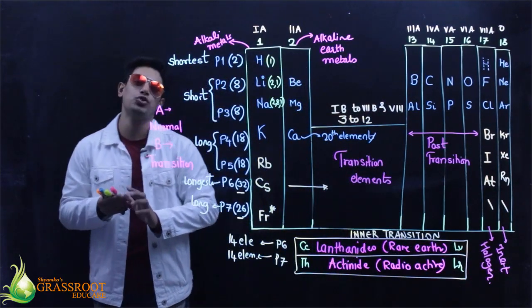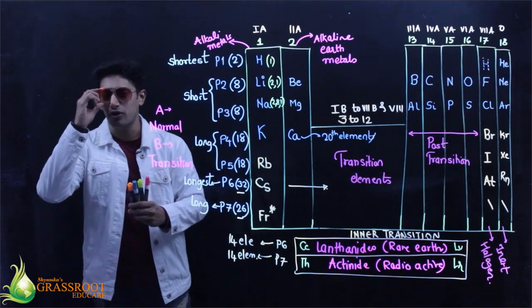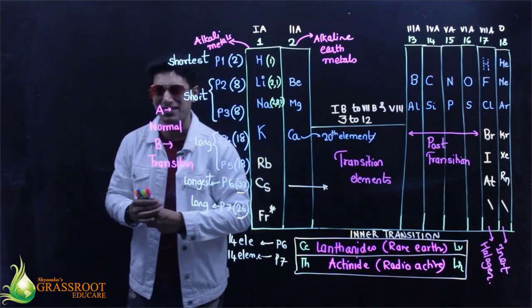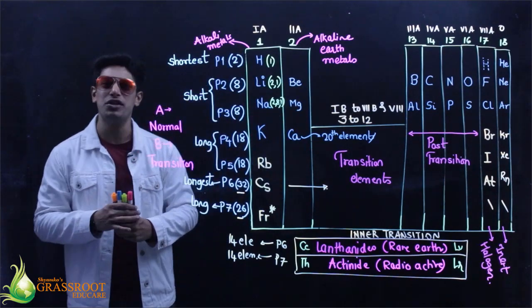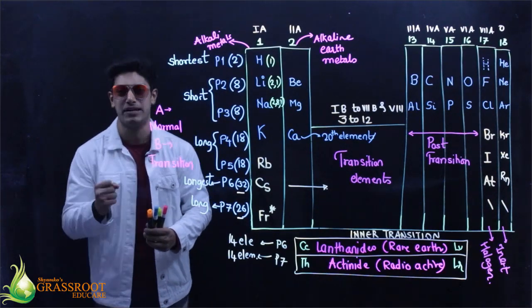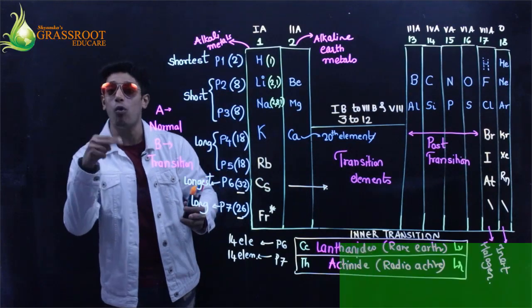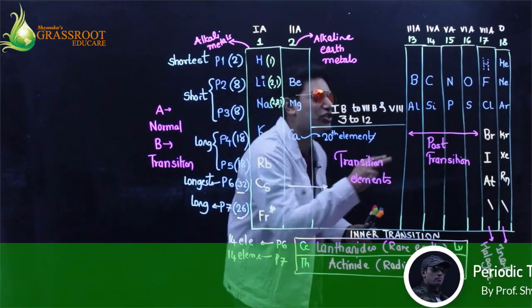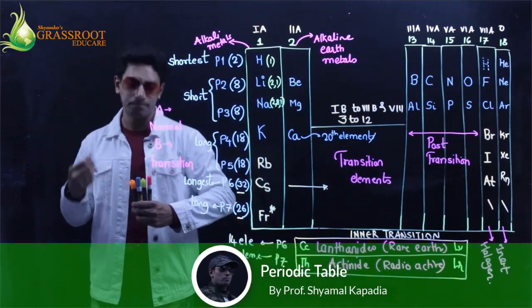So always remember, students, if I happen to ask you a differentiation between any of these, I'm going to give you quick pointers. First one: alkali metals, let's consider sodium as an example. Sodium is a very active metal. Second, the valency is 1 plus, because sodium gives away one electron. It becomes electropositive.